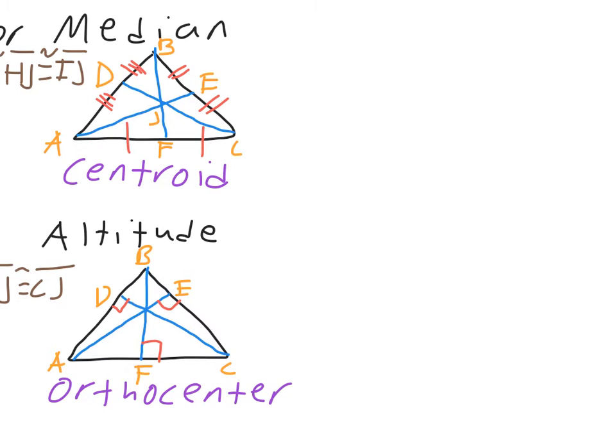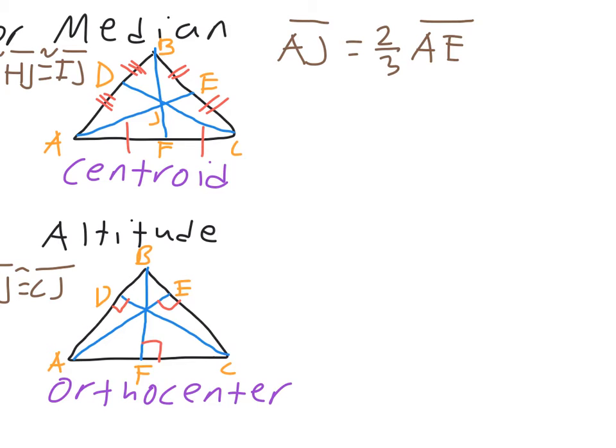So that means line segment AJ is equal to 2/3 of line segment AE. So AE is the whole thing, and AJ is 2/3 of the whole thing. So you go 2/3 of the way to the opposite side to get from the vertex to the centroid.